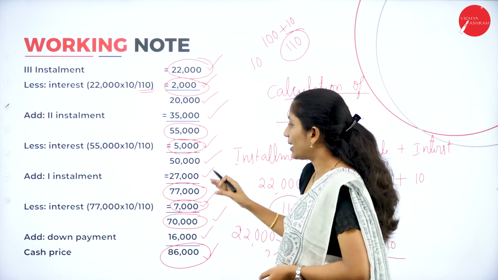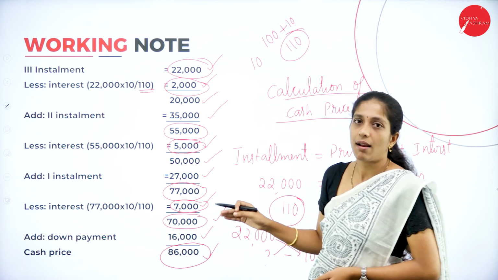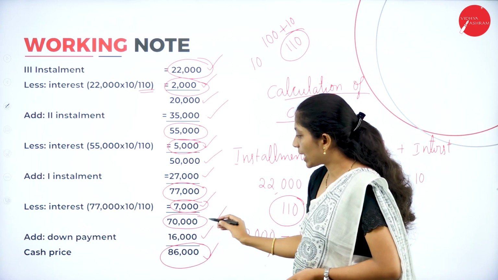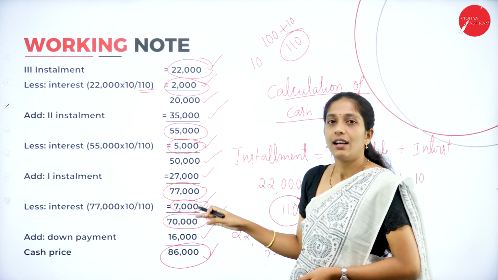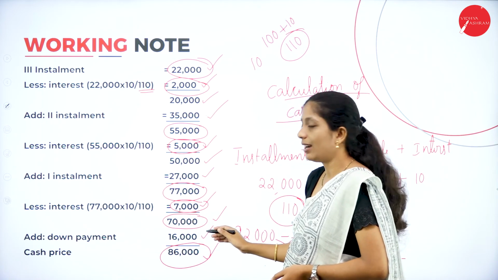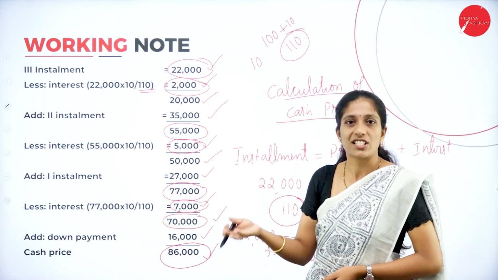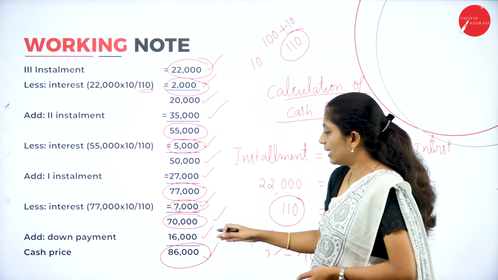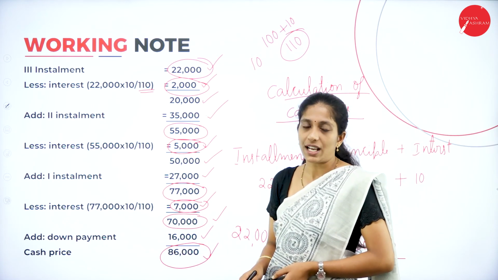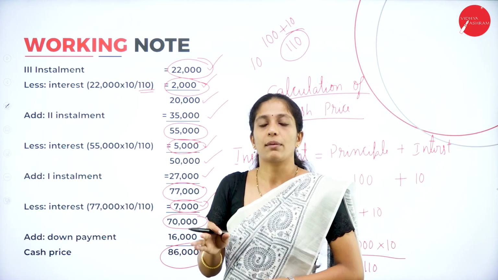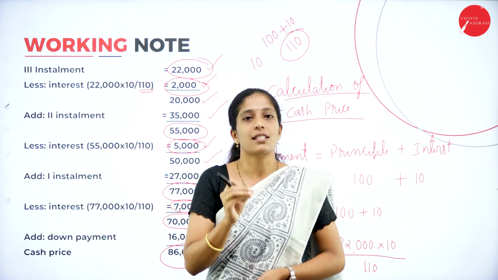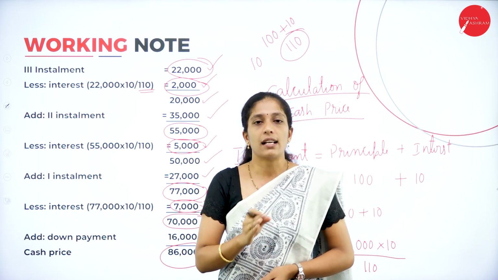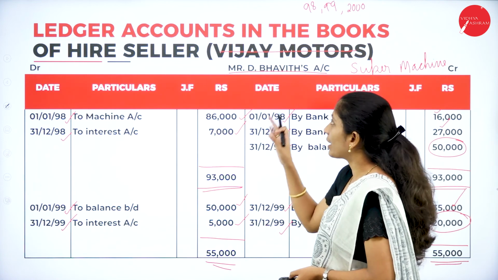Add the first installment. Next, less first installment interest. Then you'll get the total amount payable. Then add the down payment which the purchaser has paid to the hirer seller. Then you will get the cash price of the asset. Here there is no need to calculate the depreciation because, as I told, the asset is not in the hands of the hirer seller. Next, go on recording the entries.